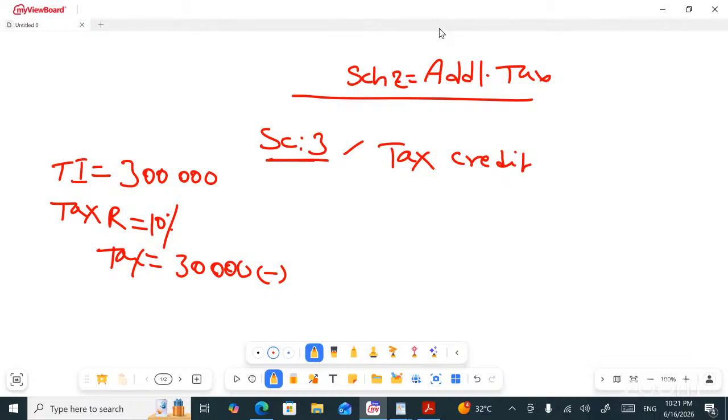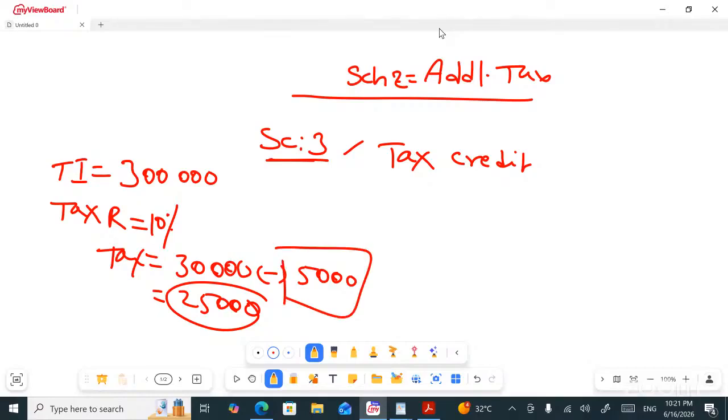This deduction is not a deduction from the income. It is a direct deduction from the income tax after calculation of the tax payable. Suppose you get tax credits, say 5,000. Now finally we have to pay only 25,000. So this 5,000 is technically called tax credits.